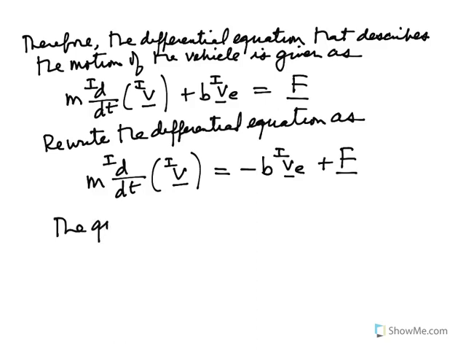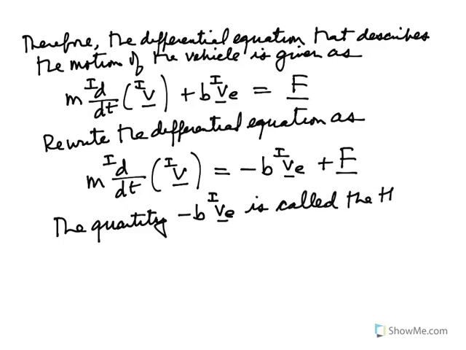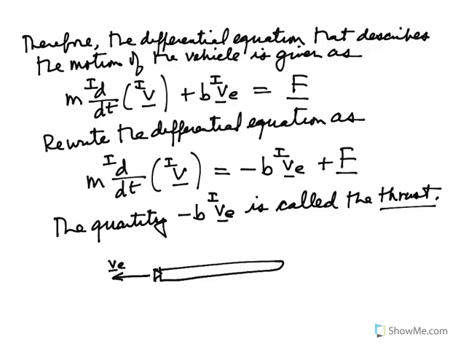The quantity minus b times ve in I is called thrust. You might think that the thrust is negative, but it's actually positive. The reason is that if we look back at the vehicle, the exhaust velocity ve is relative to the rocket. Remember, it's relative to the rocket.